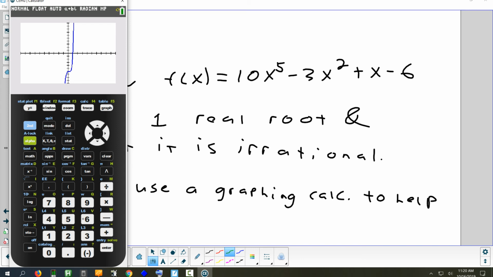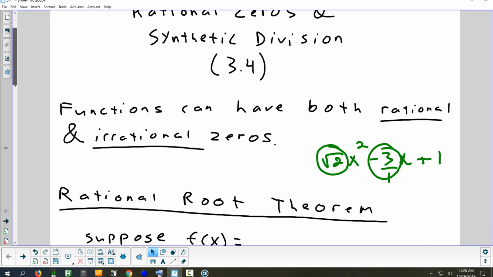Okay, so I can see where it looks pretty close to something. Let's put that graph on this page.